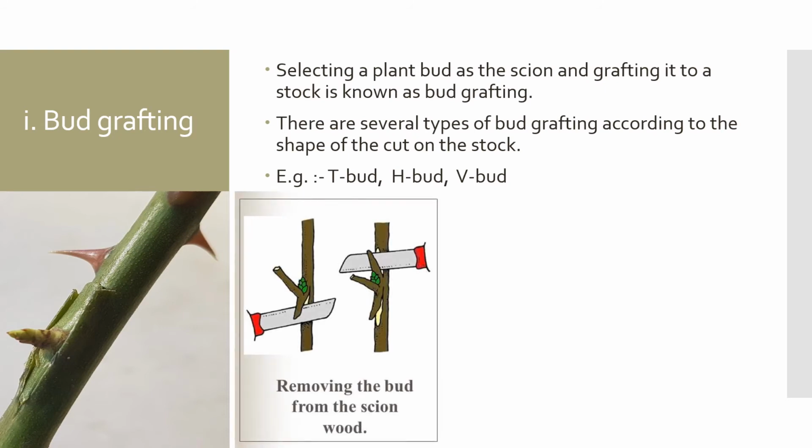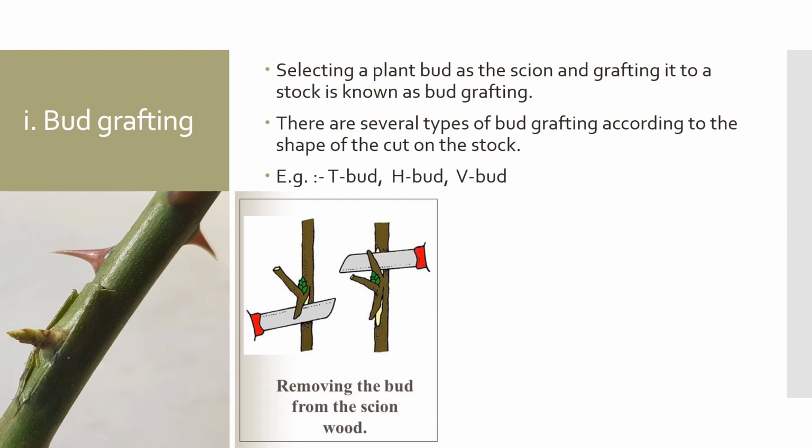In the first step, you have to separate the bud from a mother plant. Before separating the bud, you have to sterilize all the tools you are using, because the selected bud may get infections from things on the tools.